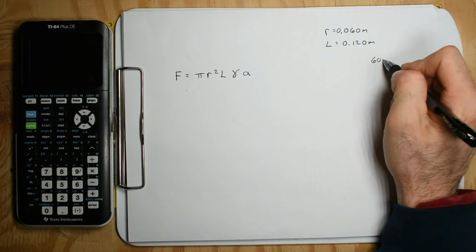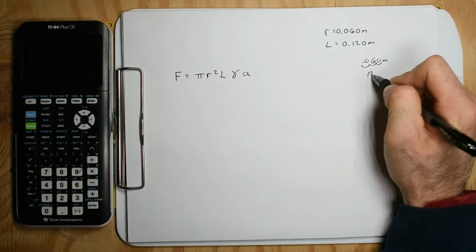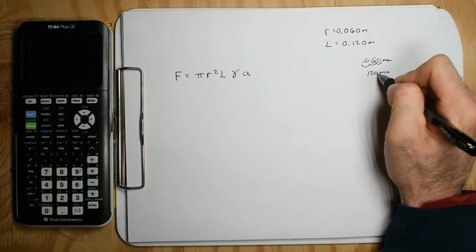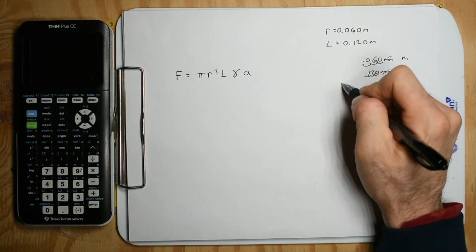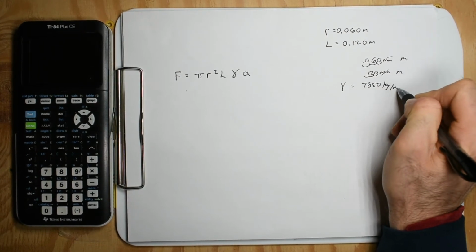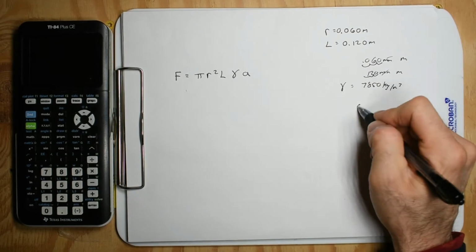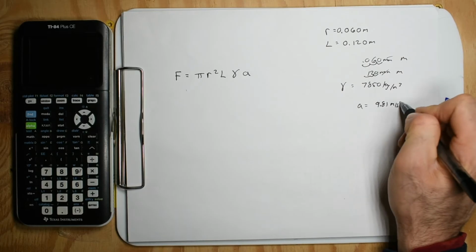If you didn't know, that's 60 millimeters, and you move the decimal place 3 times. It's 120 millimeters, and the decimal place 3 times, and that gives you meters. Okay, and then our density is 7,850 kilograms per meter cubed. Perfect. And our acceleration is 9.81 meters per second squared.